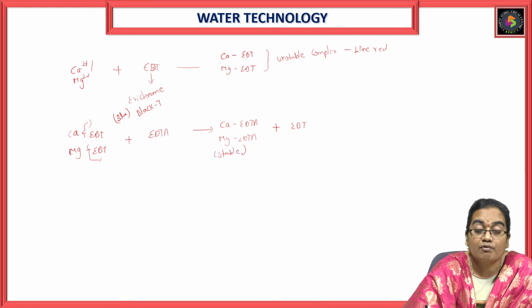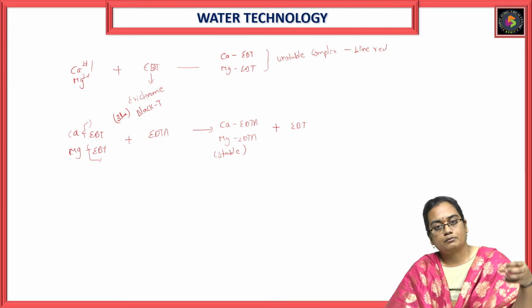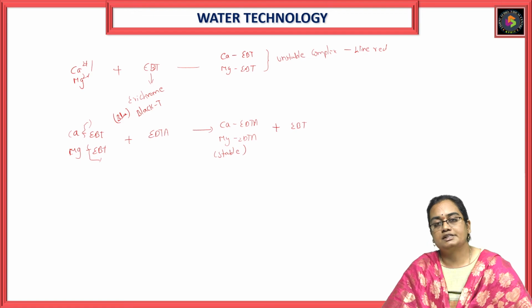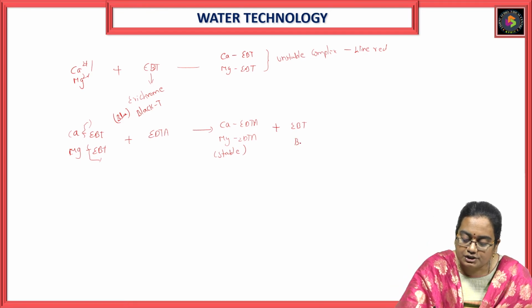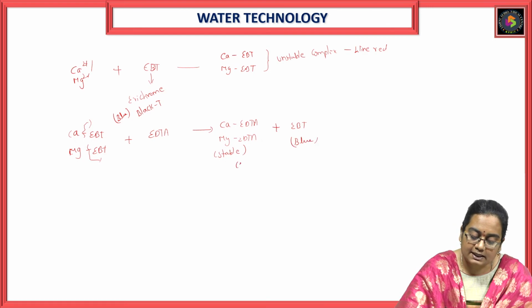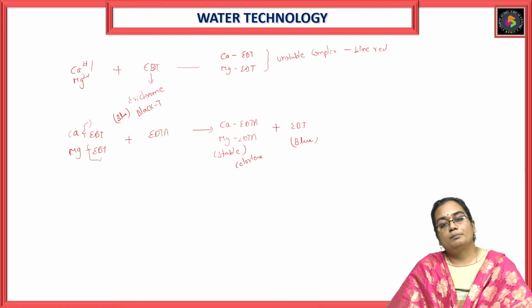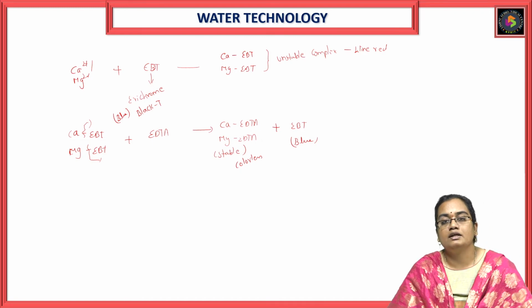Why the ejection is happening means whenever the EDTA comes closer, automatically EBT will eject out. Because of that ejection, the color changes to blue, and the color of your stable complex is colorless. So why the color is changing from wine red to blue means because of the ejection of EBT.